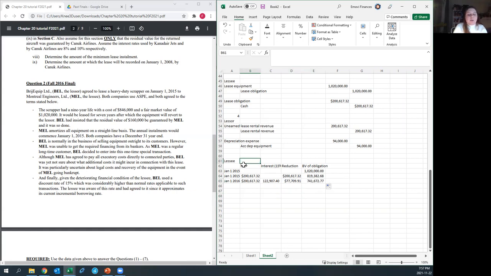Now we're looking at December 31st, 2015. So you record your depreciation and your accumulated depreciation equipment. So the amount that we're going to put here, we're going to find our lease equipment that we recorded in our assets divided by the lease term.